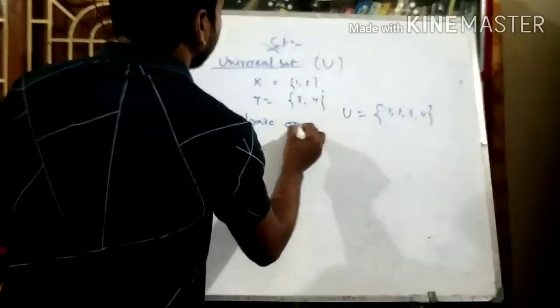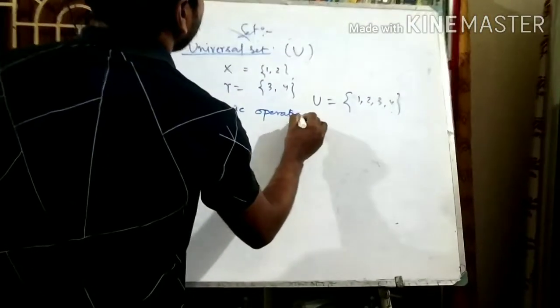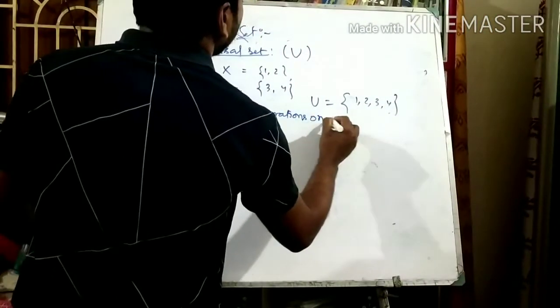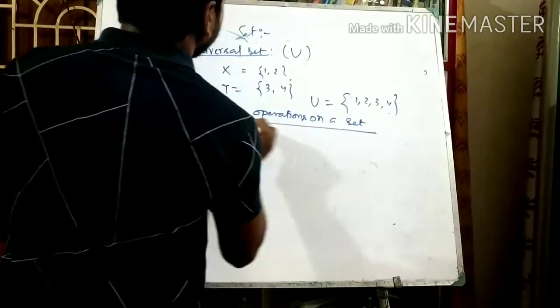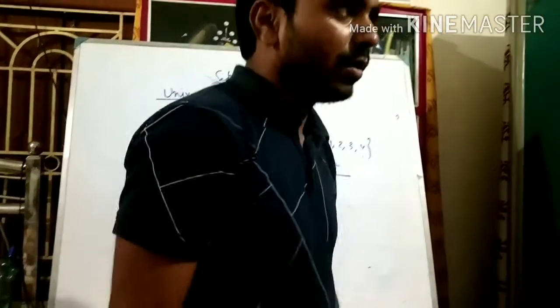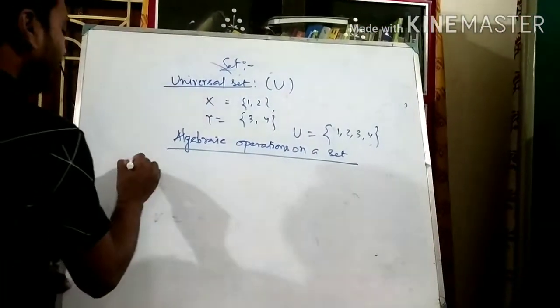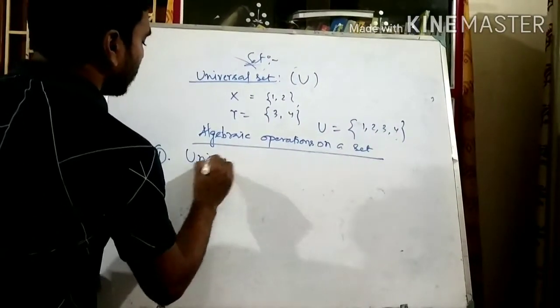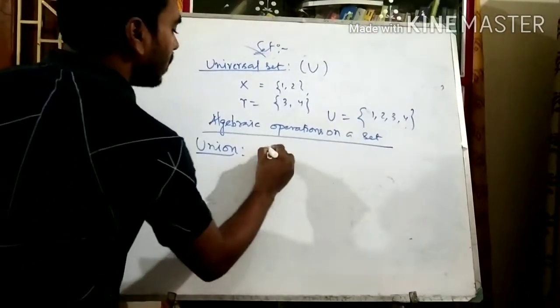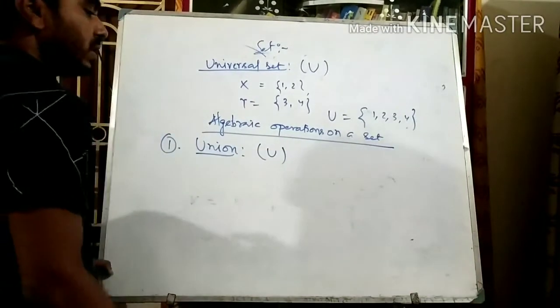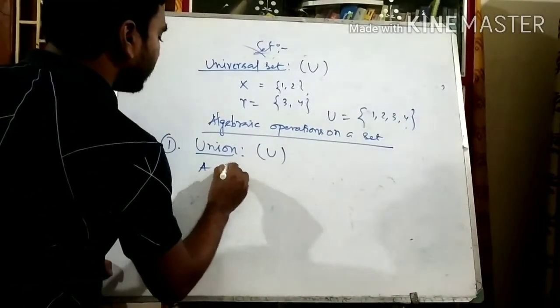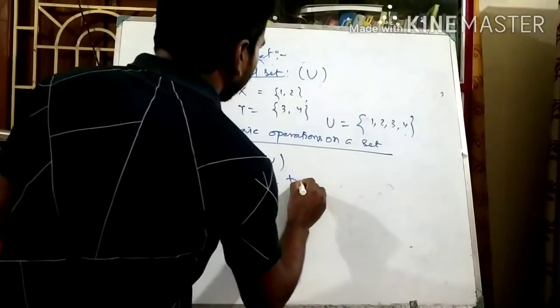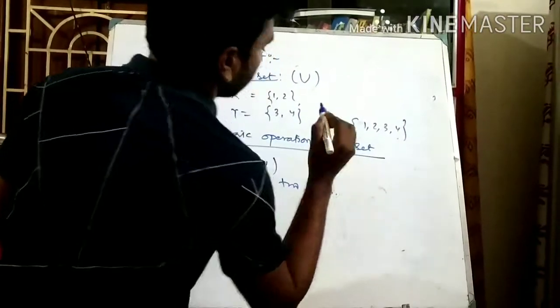Algebraic operations on a set. One algebraic operation on sets is called union. The notation of union is this. Suppose A and B are two sets.